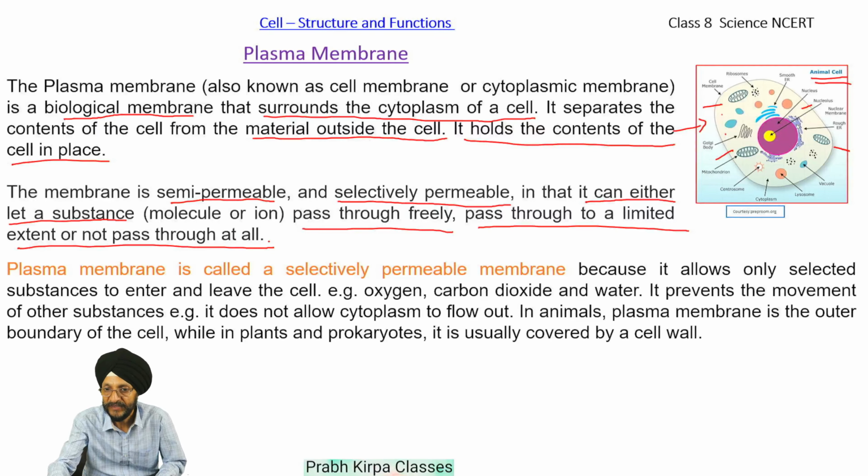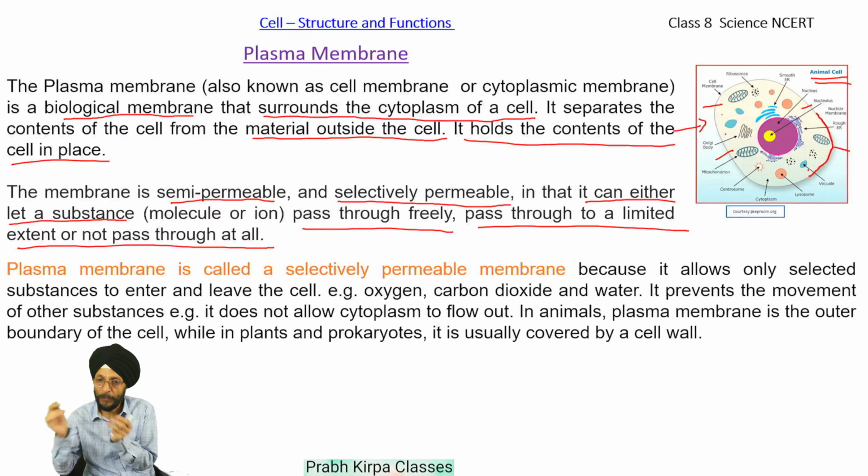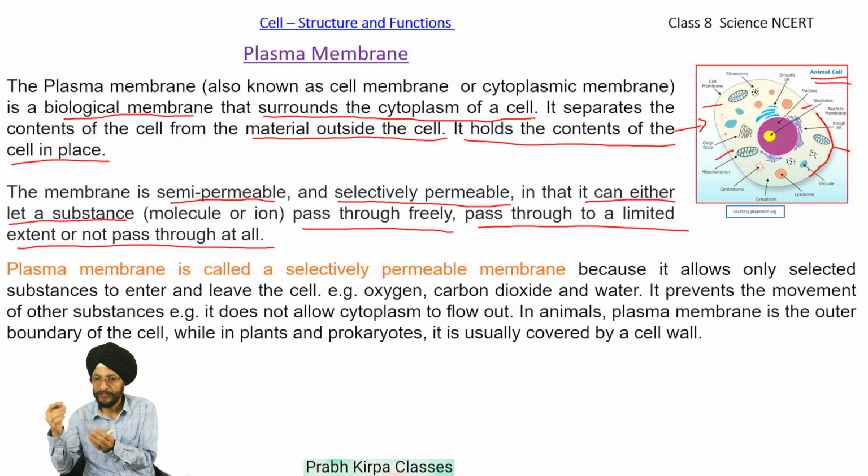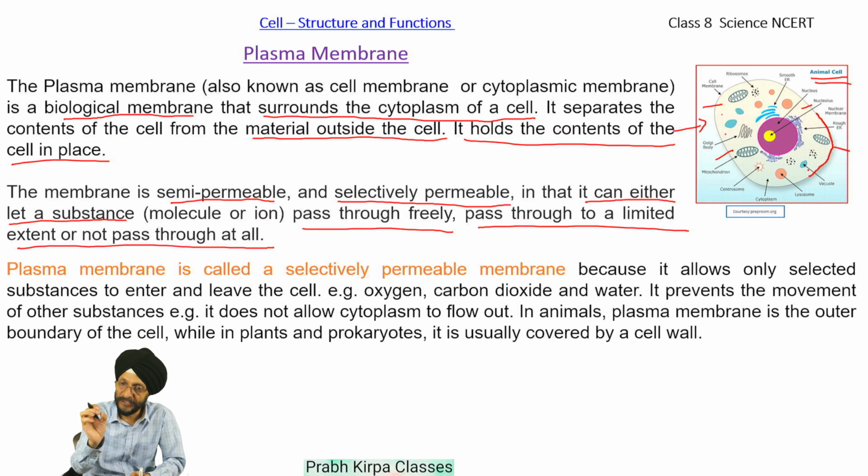It means that the plasma membrane, this outer covering, may allow any substance to pass through and go into the cell, or it may not allow it at all, or it may allow it only to a limited extent.